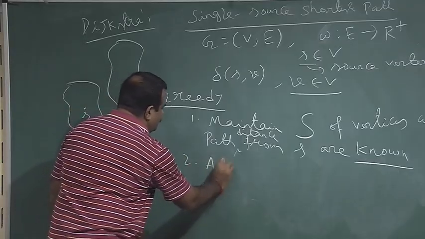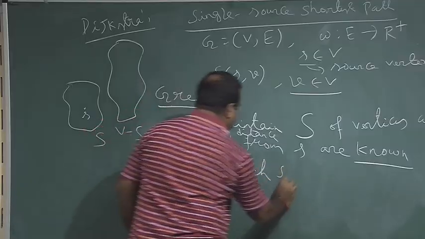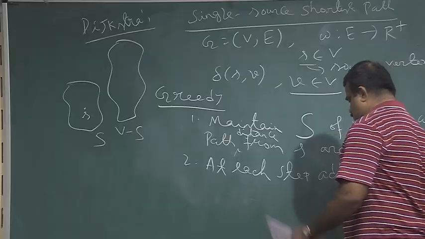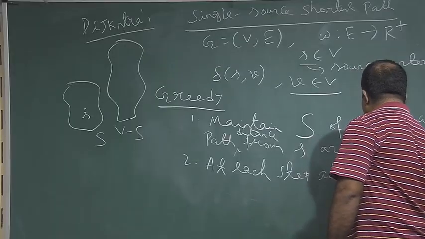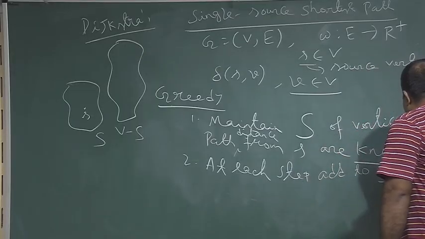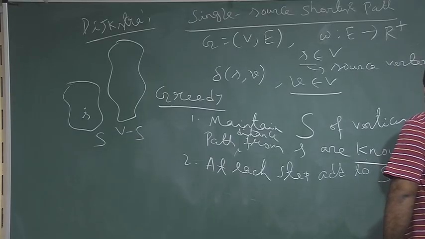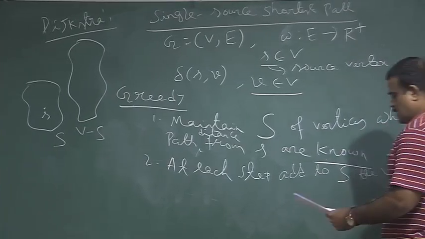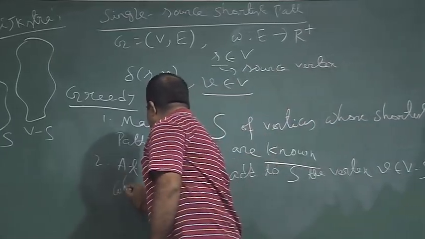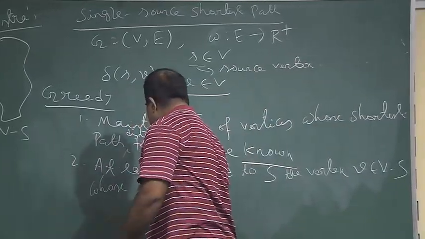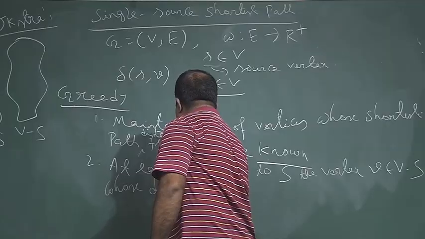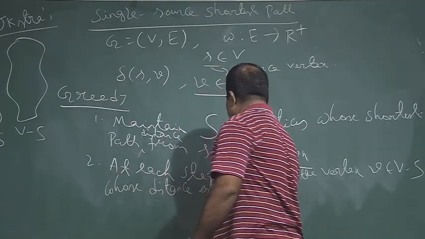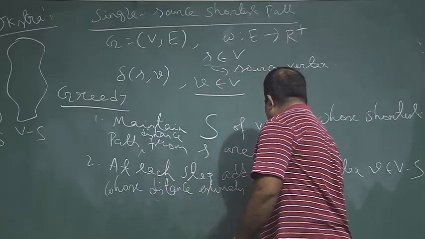At each step, we add to S the vertex from V minus S whose distance estimate from S is minimal.